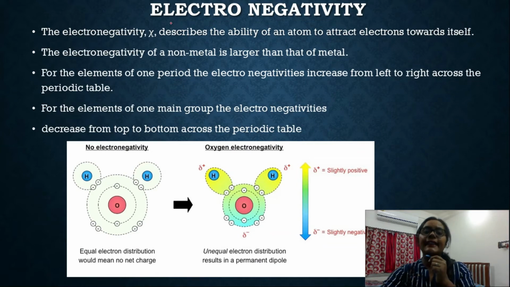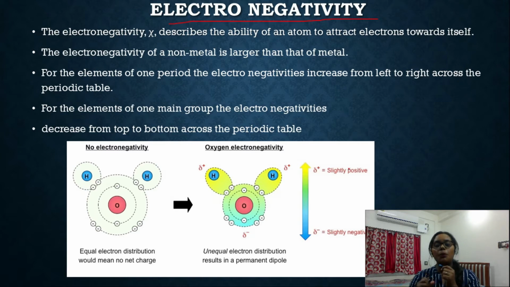Next is electronegativity. Electronegativity is the property of an element to pull the bonded electron towards itself.